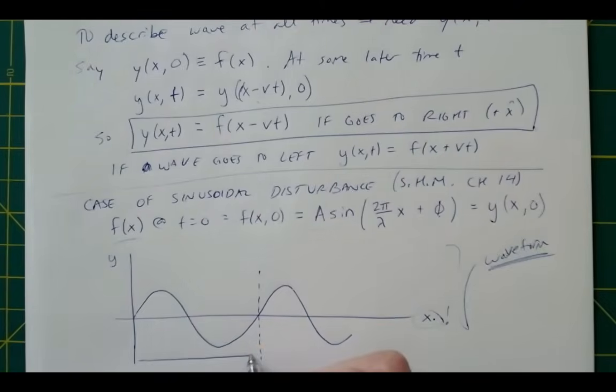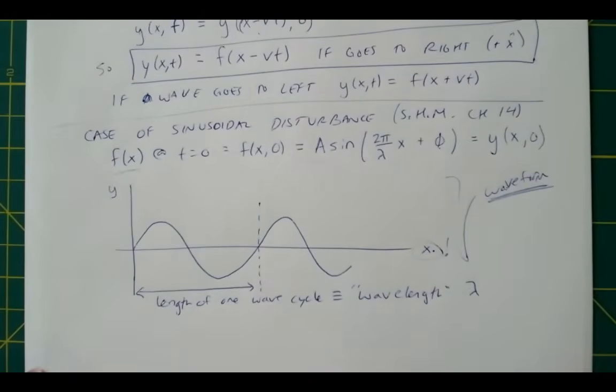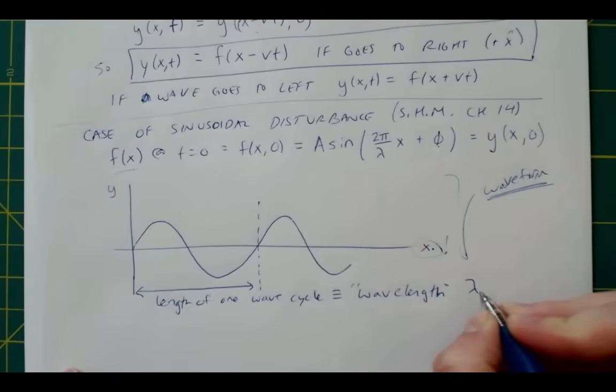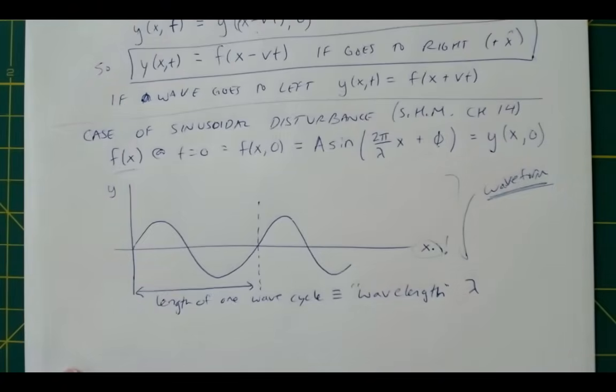So this here is actually what we call the length of one wave cycle, and that's what we call the wavelength. And that's what lambda is. So that's the length of one wave cycle, which is defined to be the wavelength, and that again is lambda.